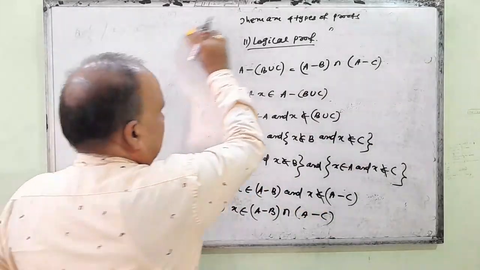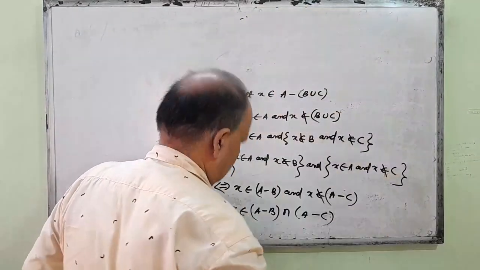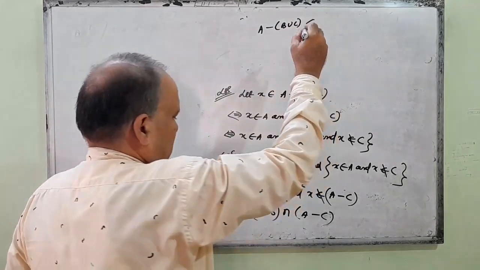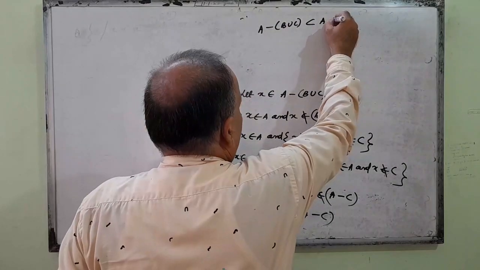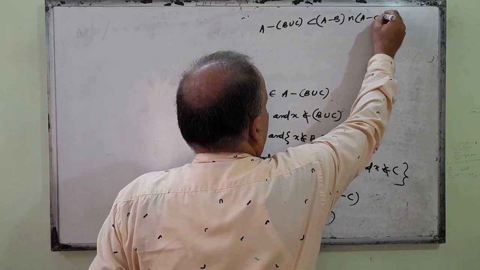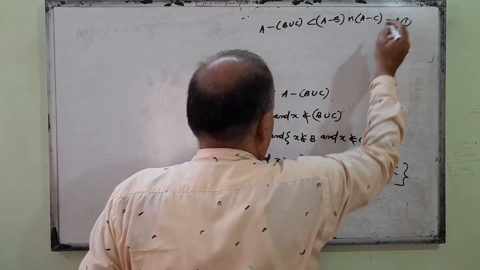It is clear that A minus B union C is a subset of A minus B intersection A minus C. This is your first equation.